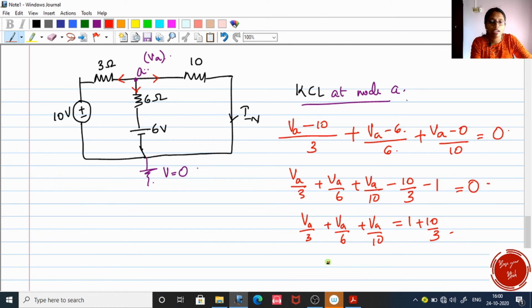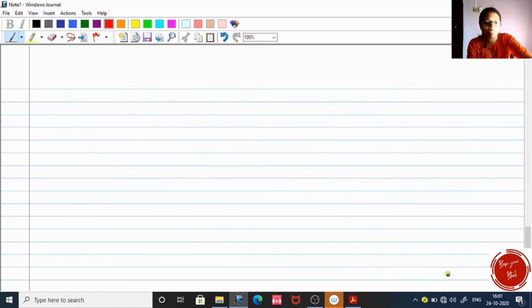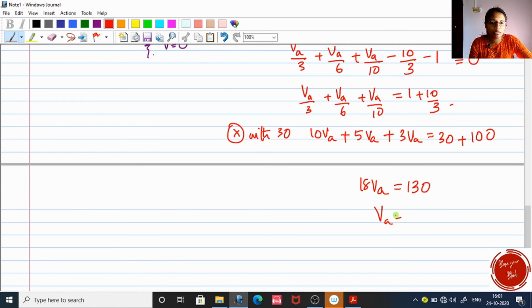I think we can multiply completely by 30. So 30 by 3 is 10 VA, plus 30 by 6 is 5 VA, plus 30 by 10 is 3 VA, equal to 30 plus 30 by 3 again 10, 10 into 10, 100. Solving, VA equals 7.22 volt.